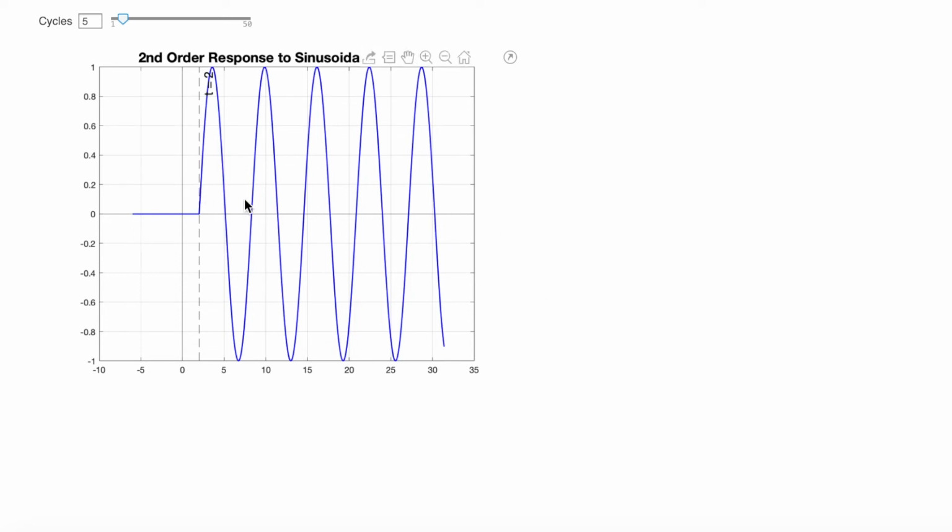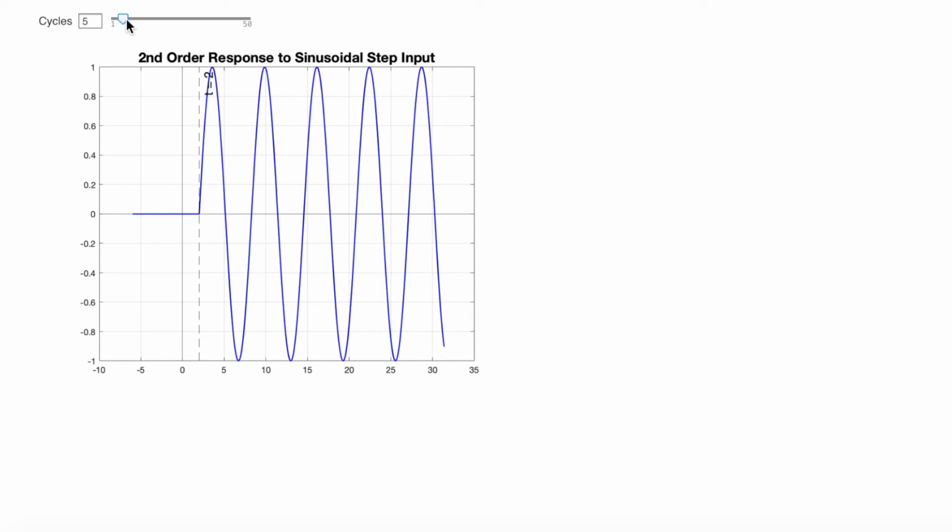And obviously, if we wanted to switch off the function at some point, we would just subtract u(t minus alpha) at any time point we wanted to turn it off, sine(t minus 2). And then that would effectively turn the function off.